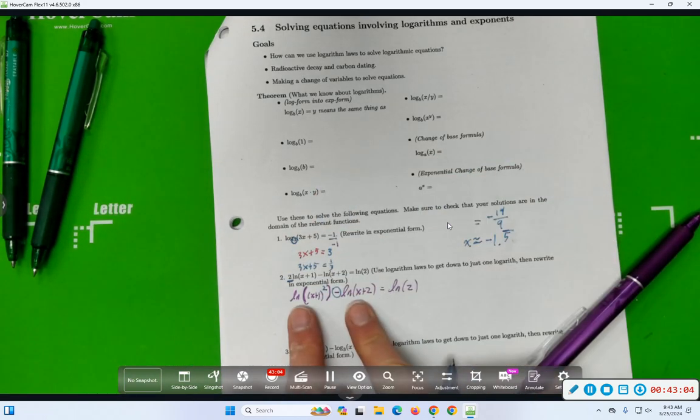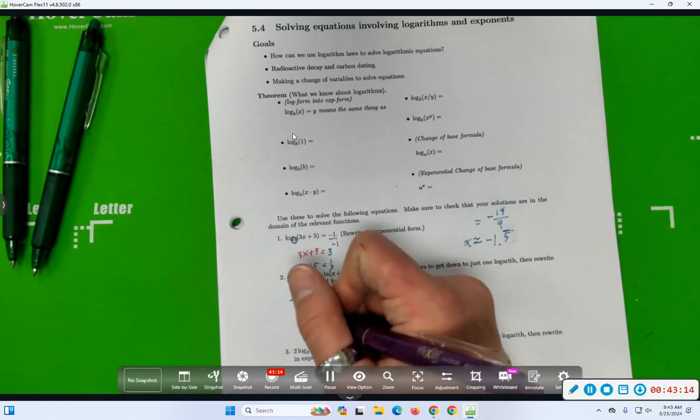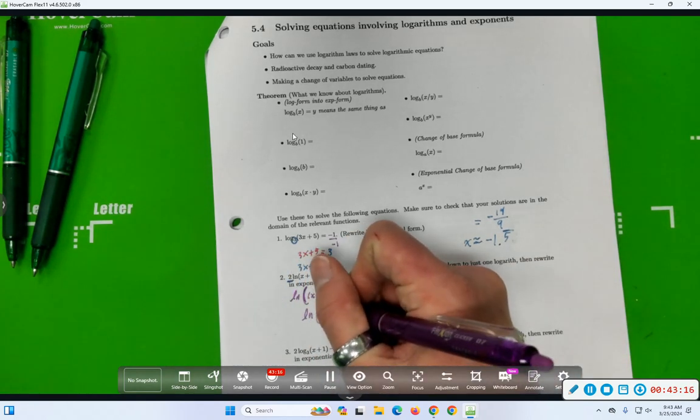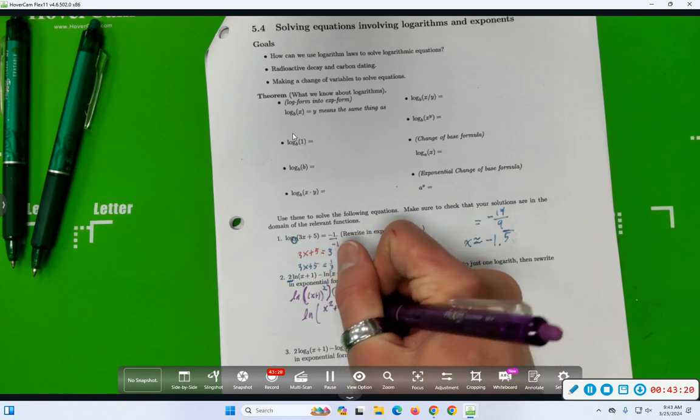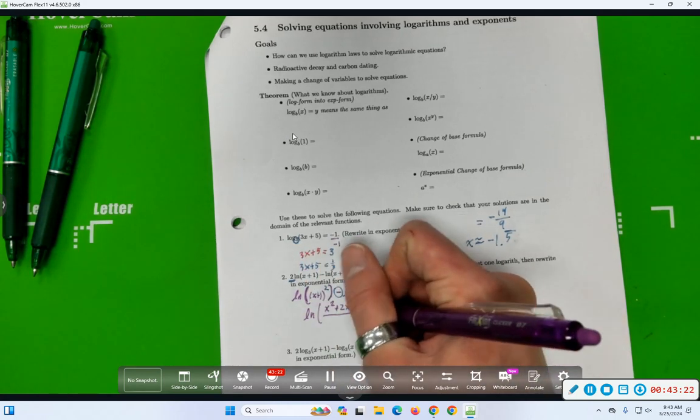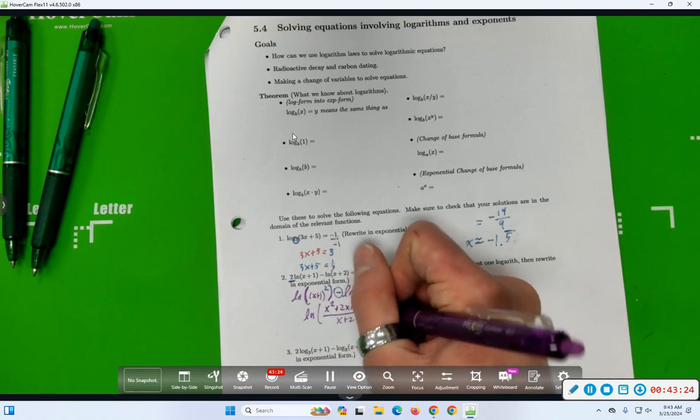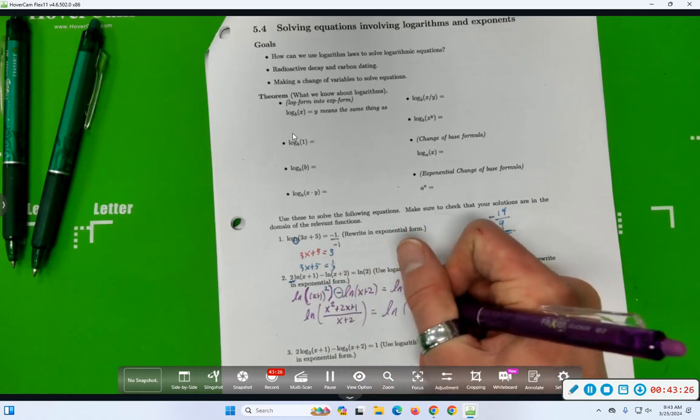I'd like to combine those 2 logs into a single log. Can I? What does it become? Division, great. So this will become ln of, maybe I'll even FOIL out the numerator, x squared plus 2x plus 1, all that divided by x plus 2 equals ln of 2.